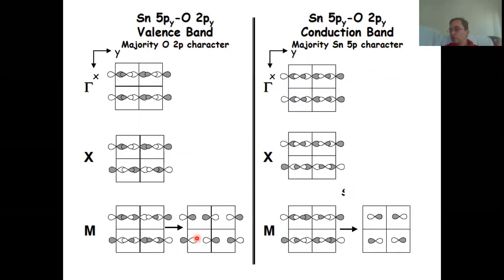Finally, we would also need to look at the interaction between the 2py orbitals for both oxygen and tin. They can also interact in a sigma fashion. So now here we look at the interaction at the point lambda. At point lambda, no algebraic signs are being changed.